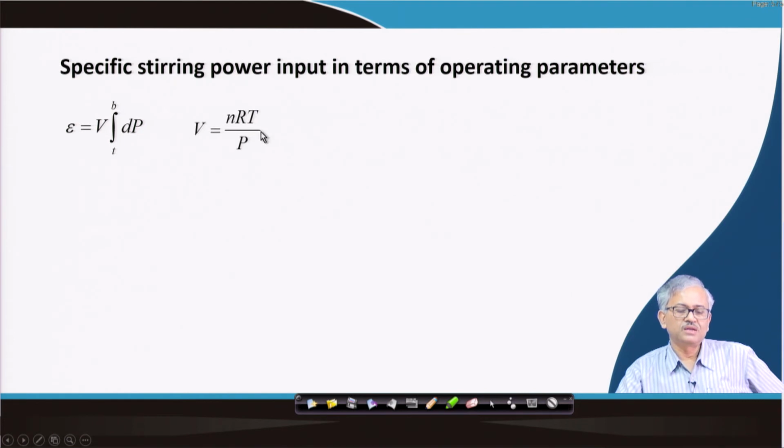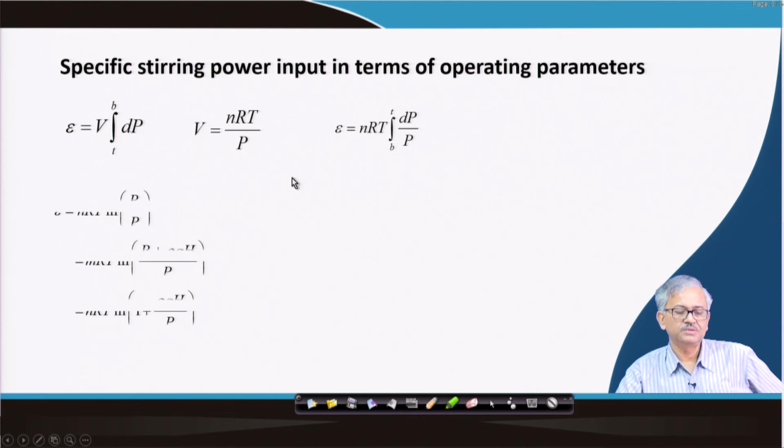V you can write in terms of nRT by P. So epsilon is equal to nRT ln of bottom pressure over top pressure, basically top pressure plus rho g h, this is the ferrostatic head, rho g h.